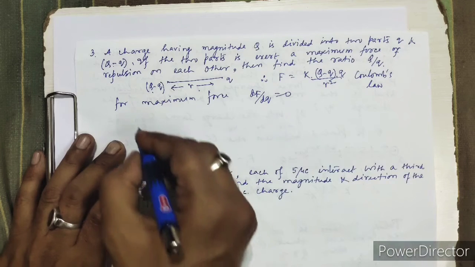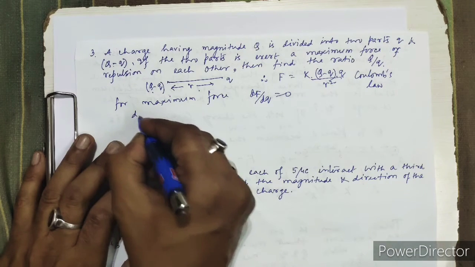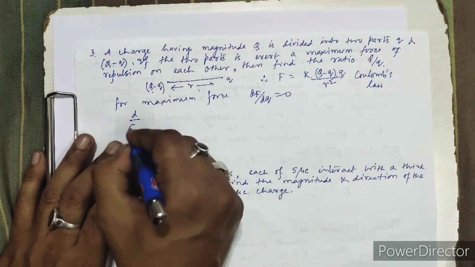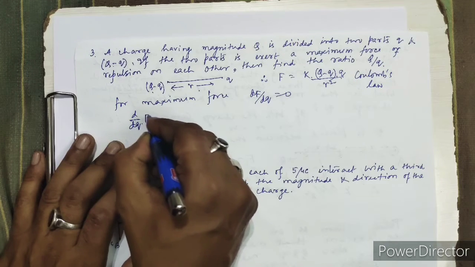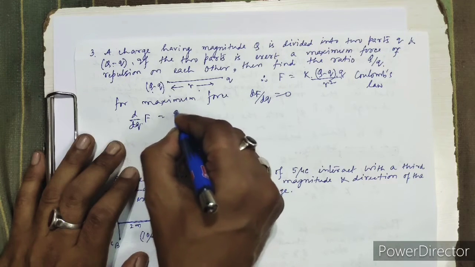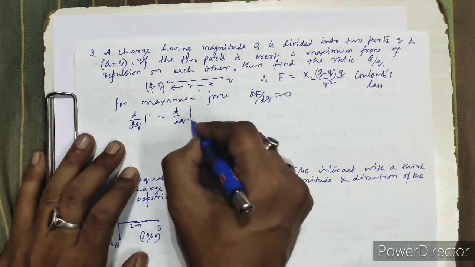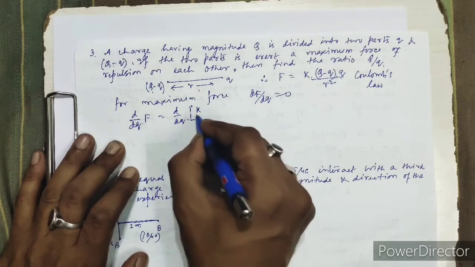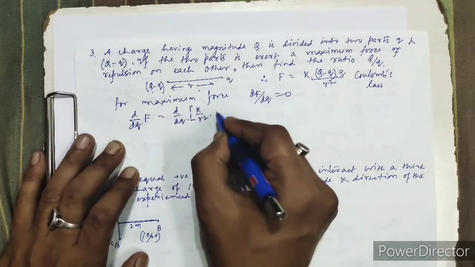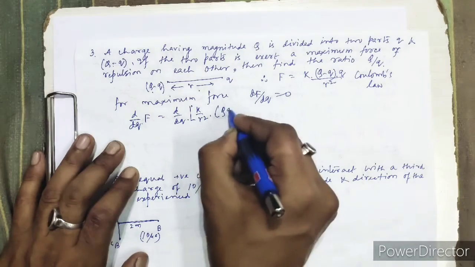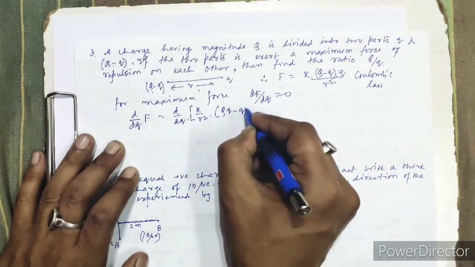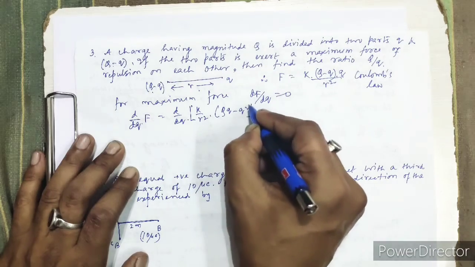Then you write d by dq of F, that is d by dq of K by R square into (Qq minus q square).